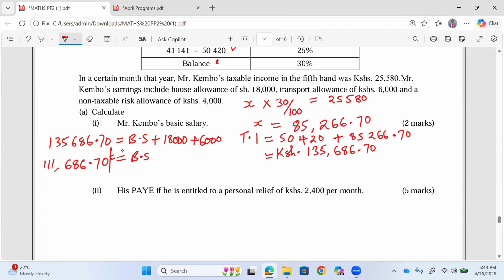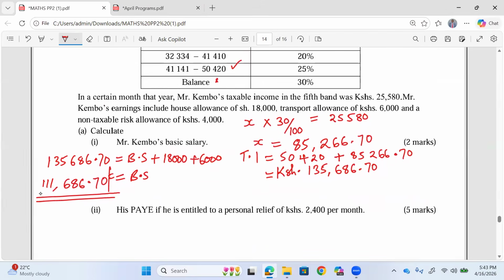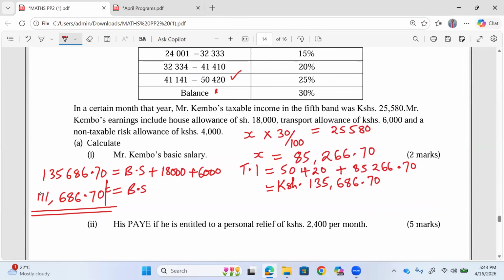That is now the basic salary for Mr. Kembo. It's a good question, very, very good, actually. Then from there, we can proceed. It's a question that requires a lot of understanding, so you're supposed to be very careful when reading out all these questions.